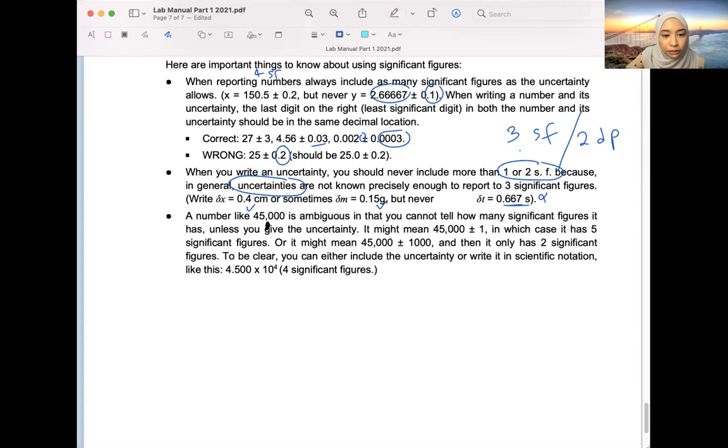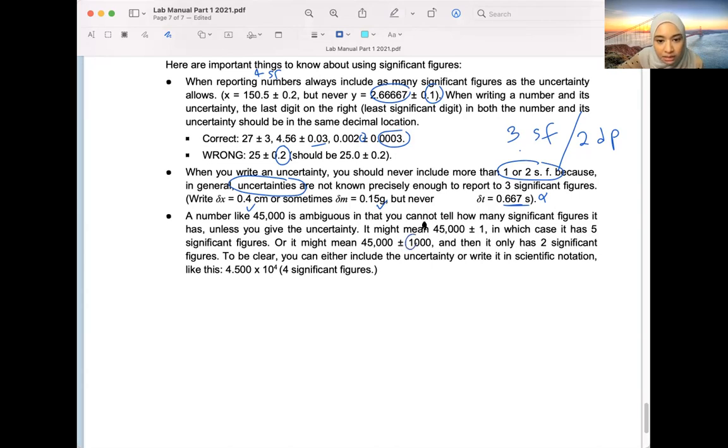Okay, a number like 45,000 is ambiguous, in that you cannot tell how many significant figures it has unless you give it the uncertainty. It might mean 45,000 plus minus 1, in which case it has 5 significant figures. Or it might mean 45,000 plus minus 1,000. Then it only has 2 significant figures.